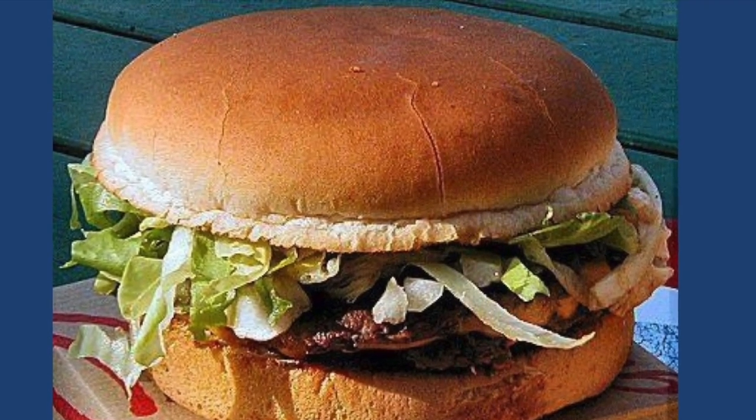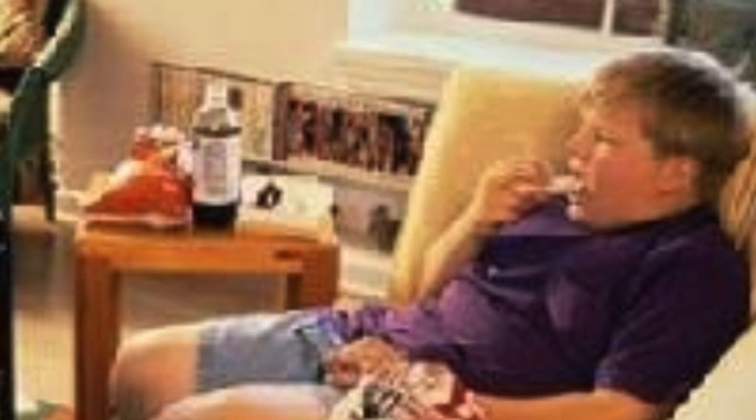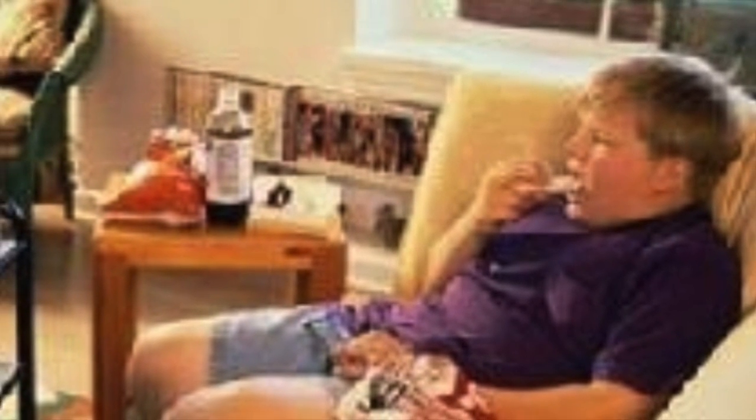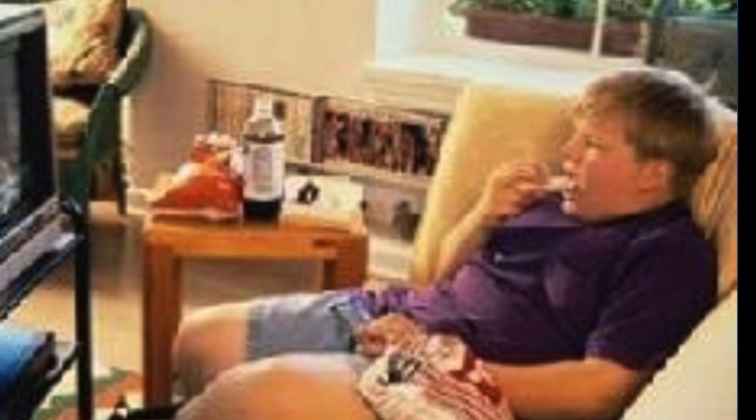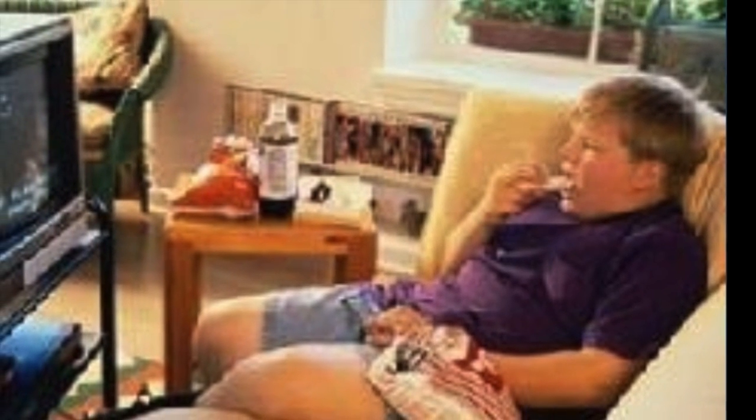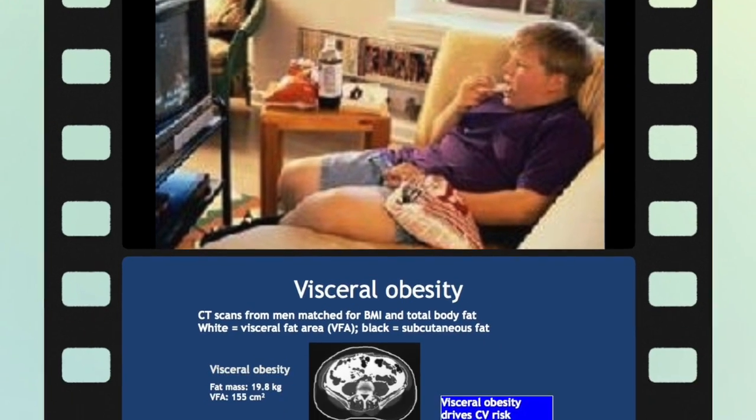The causes are too much food or the wrong kind of food, and inactivity, watching too much TV or playing too many computer games.